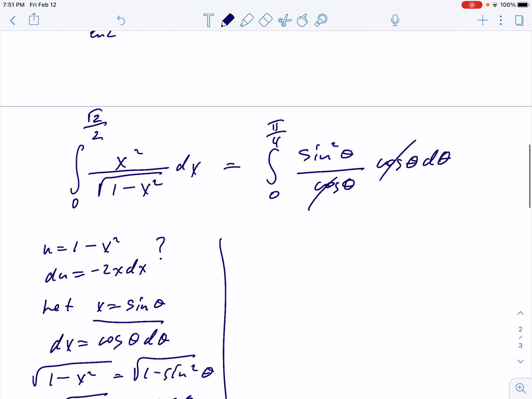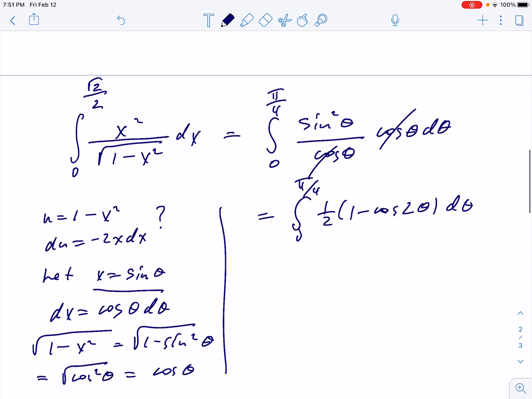Okay, so we're going to solve this integral now. Because we have sine squared, we use the special identity. So this will be the integral from 0 to pi over 4 of 1 half times 1 minus cosine 2 theta d theta. That's how we represent sine squared. It happens very often. And then we integrate two terms here. Integrating 1 half, you get just theta.